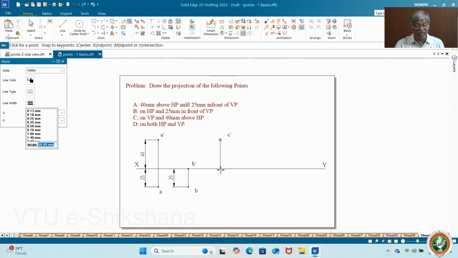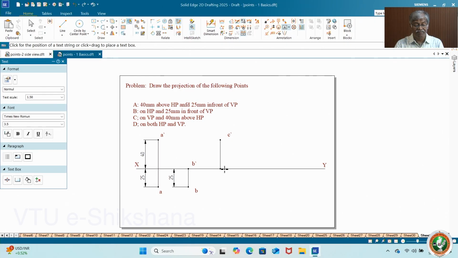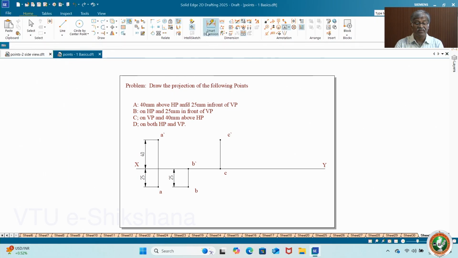And one more point here, because it is on VP means on XY line. You get both points. This one is C. Now dimension it.